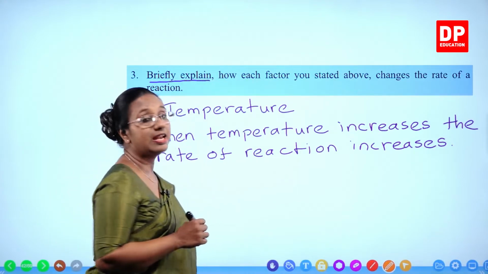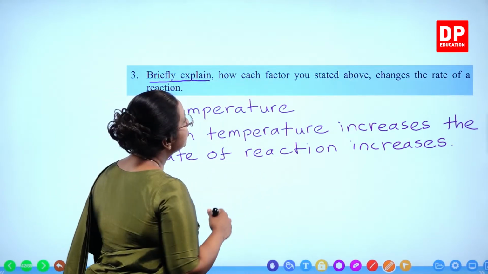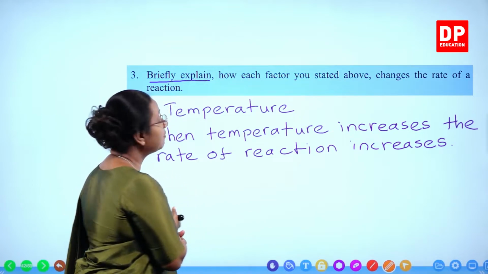Briefly explain how each factor you stated above changes the rate of reaction.